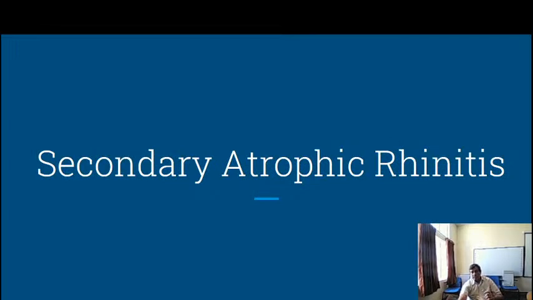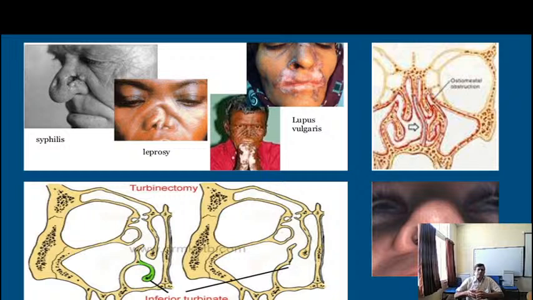Then we go to another condition called secondary atrophic rhinitis. This is usually because of chronic inflammatory conditions: syphilis, leprosy, and lupus vulgaris. These are called chronic granulomatous conditions.